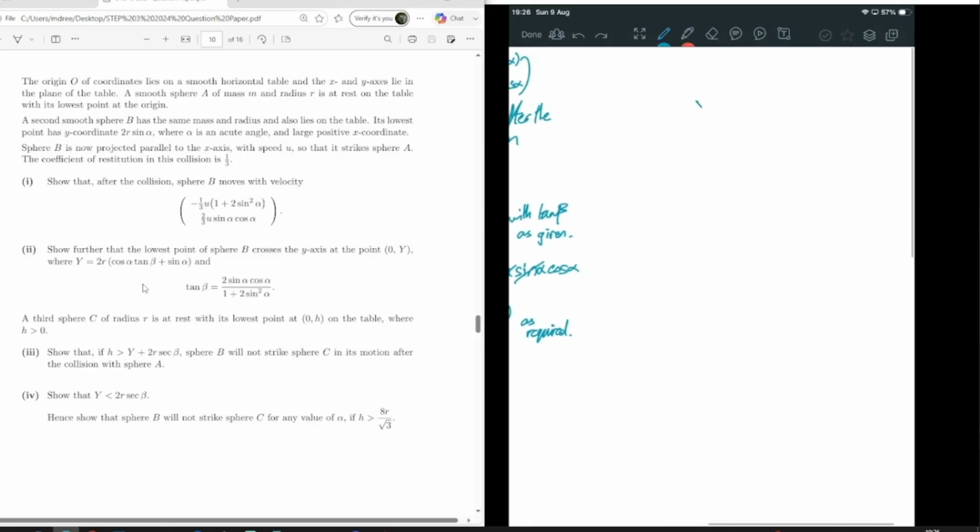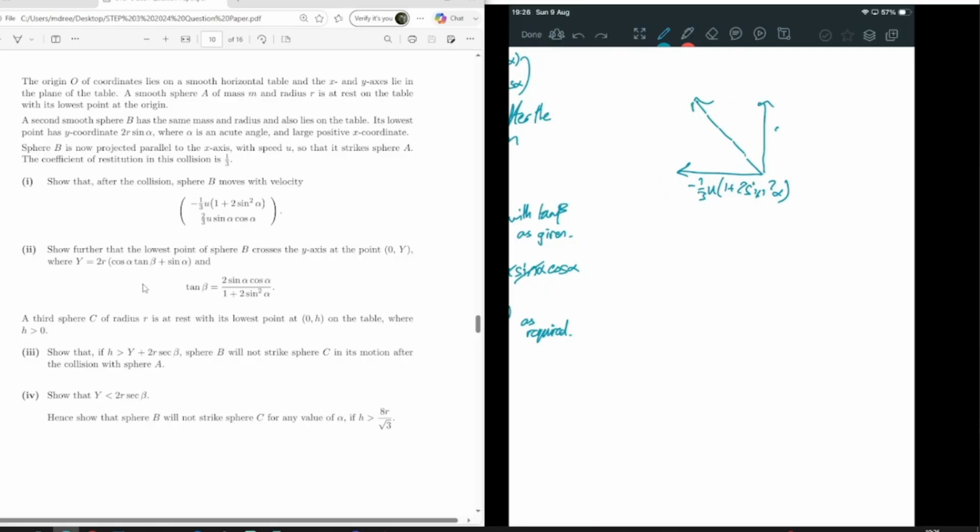We have B, and this probably was a better way to do the previous part of the question. B's going in this kind of direction, with that component being negative 1/3 u (1 + 2 sin²θ), and this component being 2/3 u sinθ cosθ.